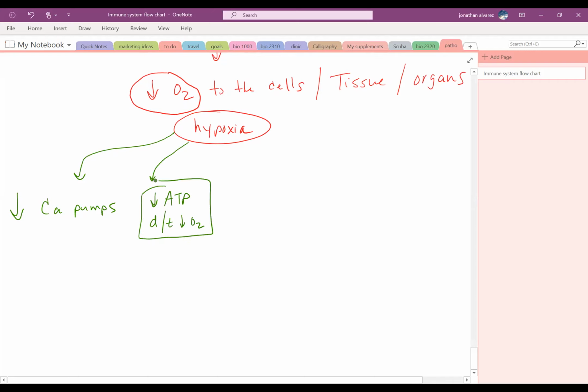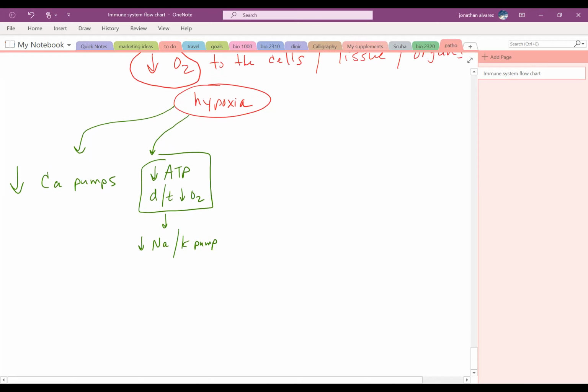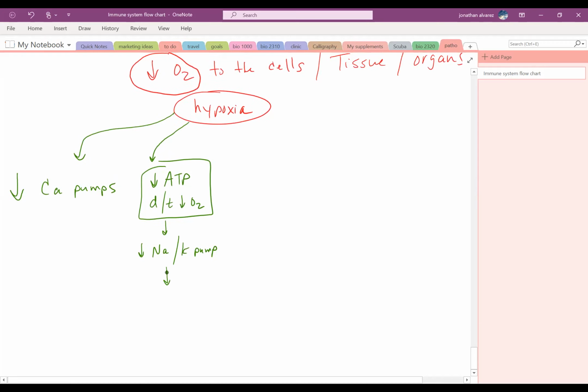So you want to decrease ATP production, don't get oxygen into the mitochondria of cells. Okay, and ATP is our fuel. All right, so when this all happens, then you're going to have a decrease in your sodium potassium pump. Okay, and then that leads to an increase in lactic acid buildup.